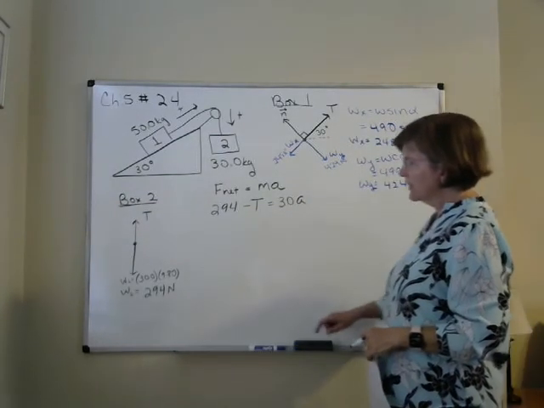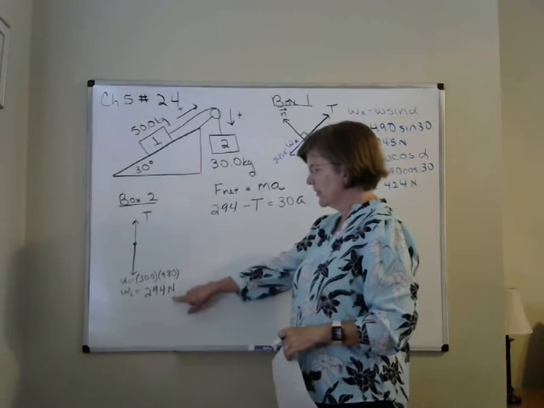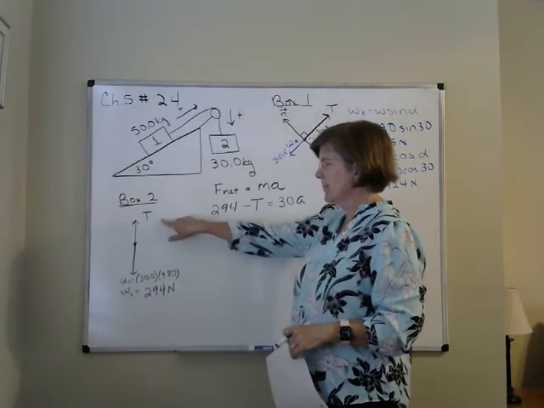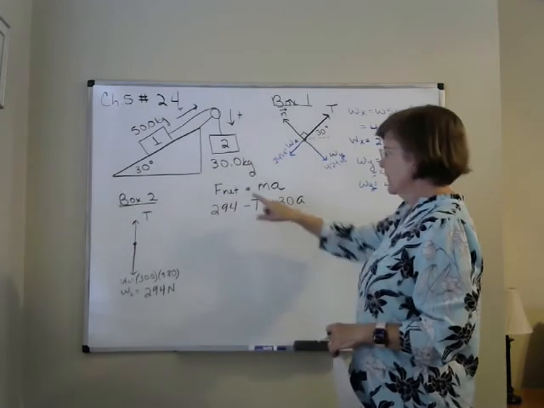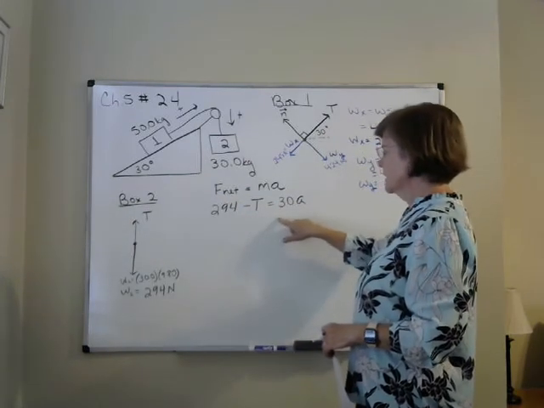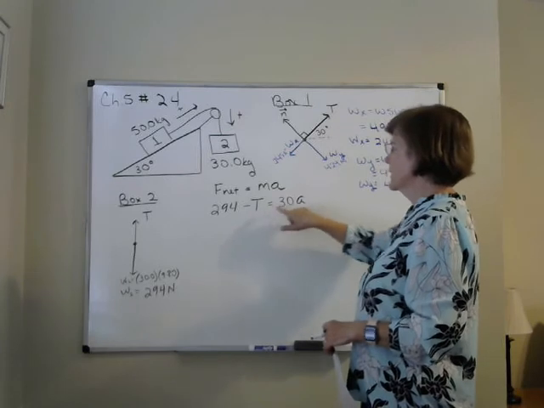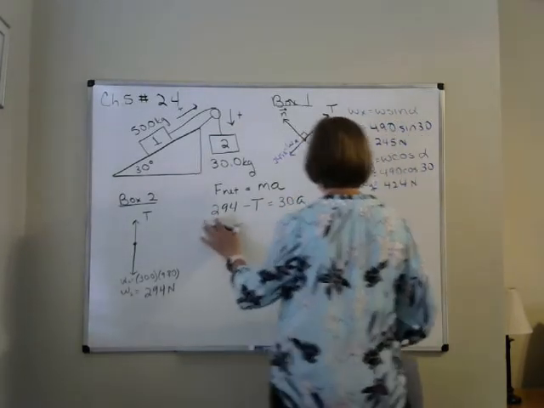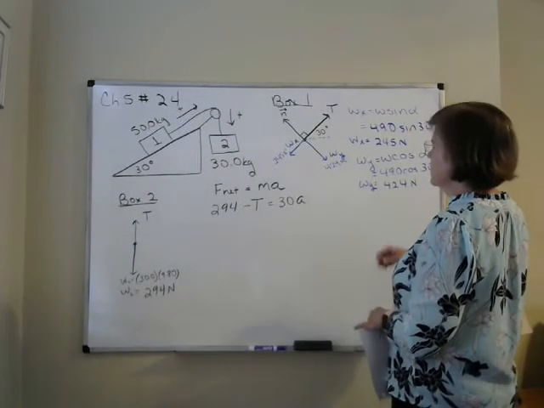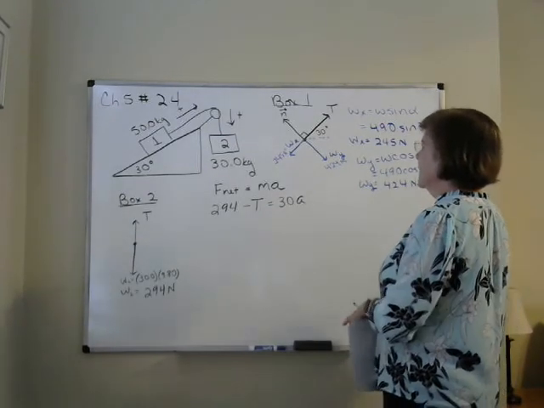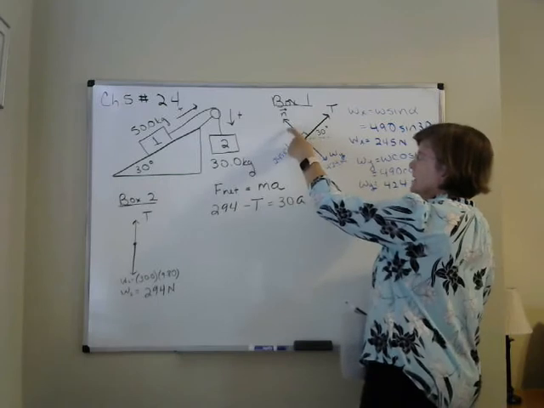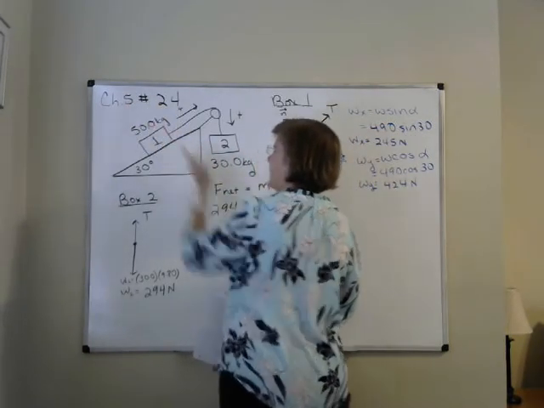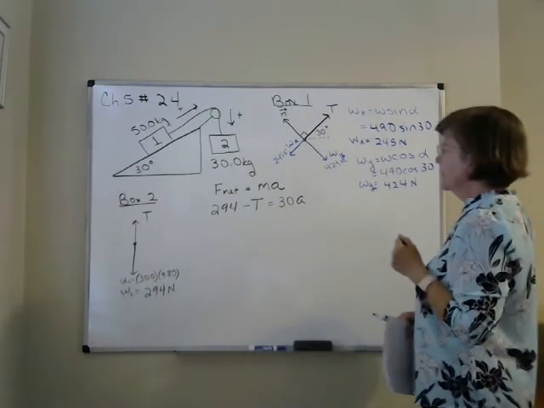We had a pretty simple free body diagram. 294 newtons in the positive direction and the tension going up in the negative direction. That gives me the net force. It's the difference between those two. It equals 30A. So that's for box 2. When we look at box 1, it is reasonable to say these two are equal because we know the box is not accelerating perpendicular to the plane.